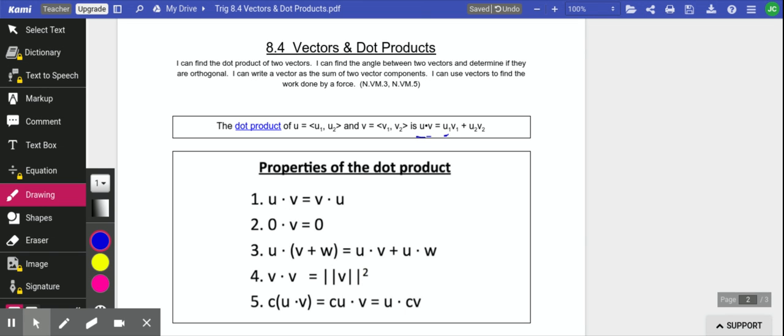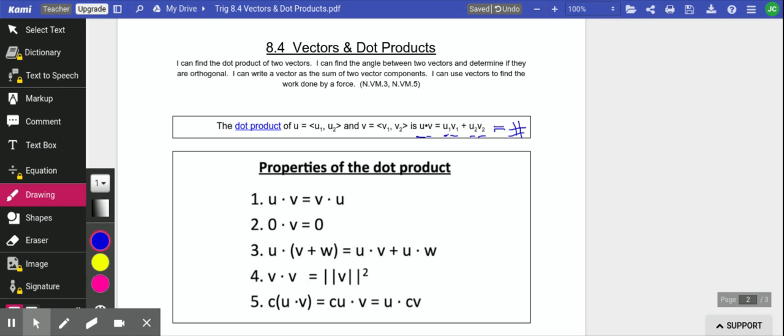We multiply the x coordinates and we multiply the y coordinates and we add them together. So when you multiply 2 vectors, you get a single number. You get a scalar, not a vector. So that's kind of different. We'll see a lot of examples of those, but it looks just like we did with matrix multiplication.